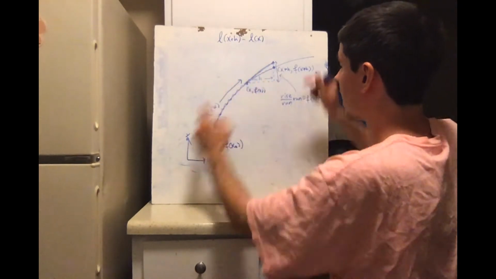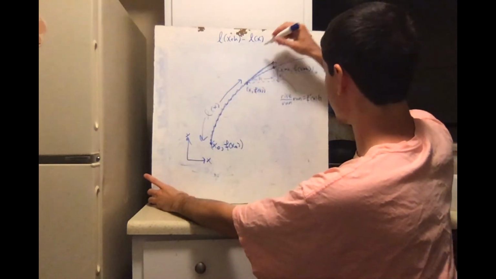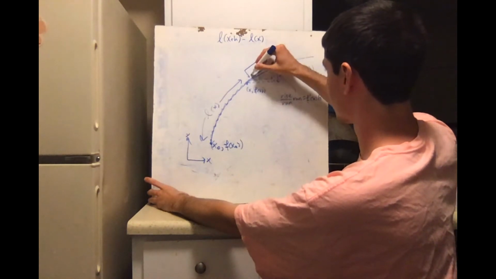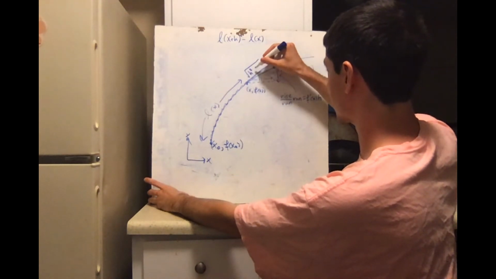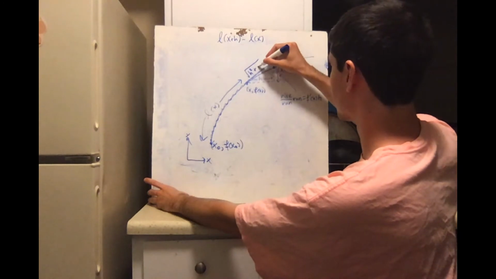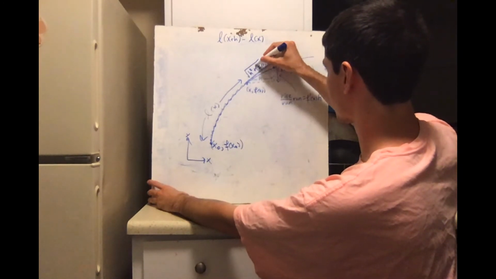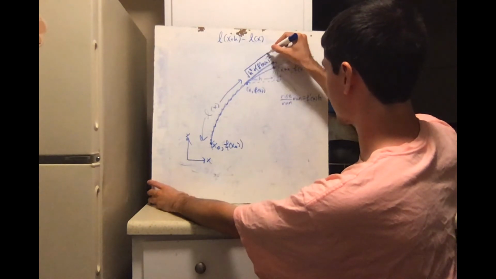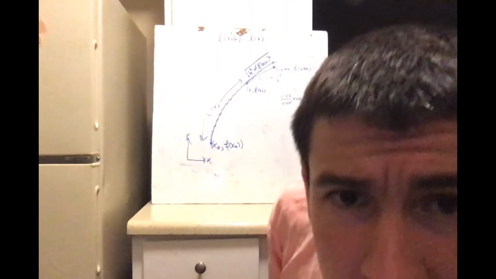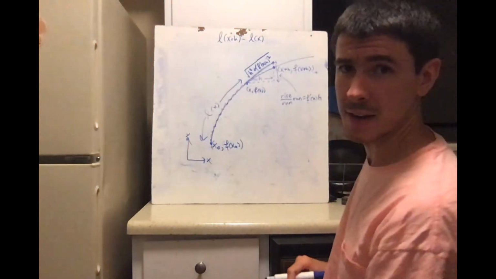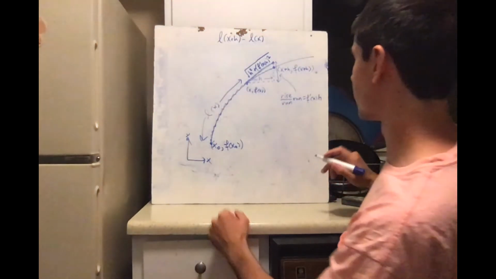So this hypotenuse, which we're seeking, is going to have length square root of h squared plus f prime of x times h, squared. Can you see that? I'm going to write it again in a place that'll be more visible.